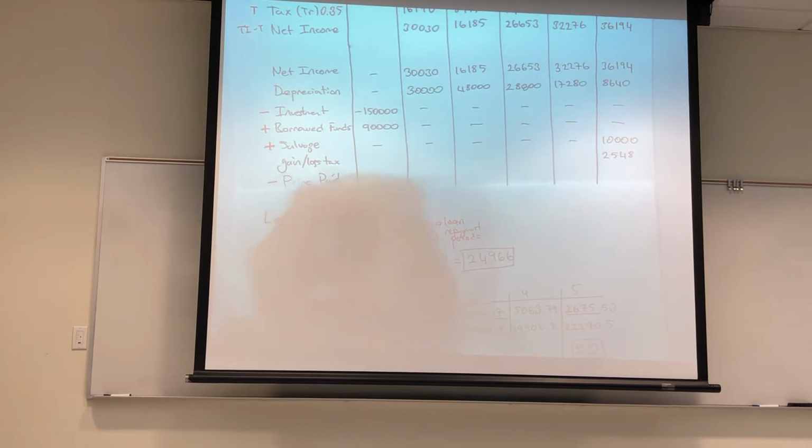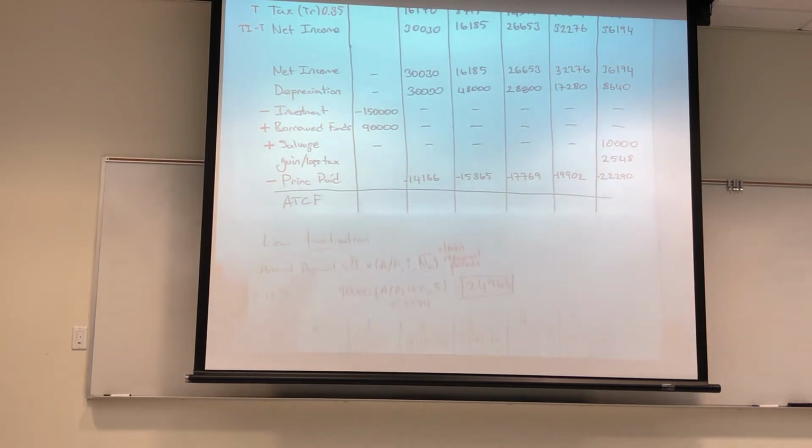Since this is a cost, it's going to be negative. 14,166, 15,865, 17,769, 19,92, 22,290. Okay, we're done. So still we're in step 2.